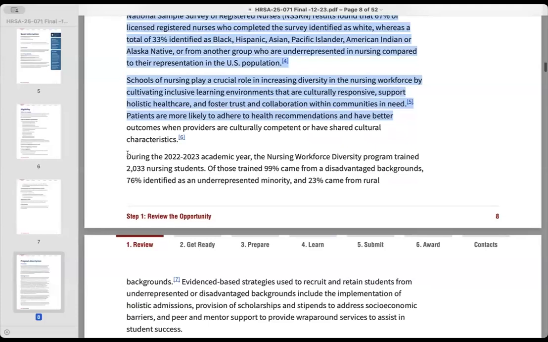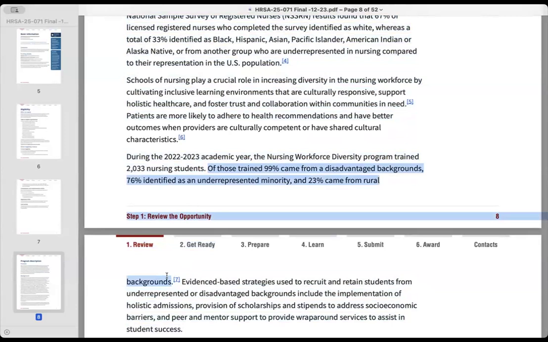Now you can see that this program is actually fairly good. 2,000 nursing students, we need all the nursing graduates we can. And we can see that the people who are coming for this program, many of them identified as different types of minorities that were targeted by this program to try and increase the number of graduates.